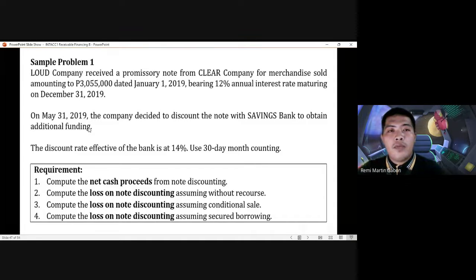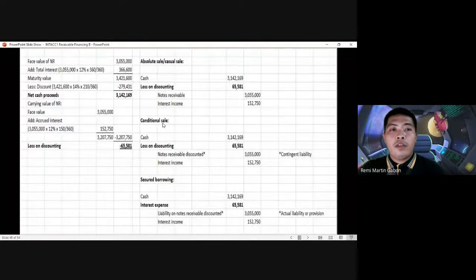So that is equivalent to 5 months. That means we have a 5-month accrual of interest. Okay? 5 months times 30 days, we have 150 days as numerator. Then over 360 days. Or if you want, you can have 5 over 12.